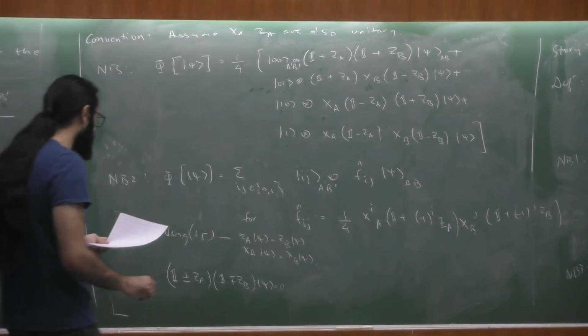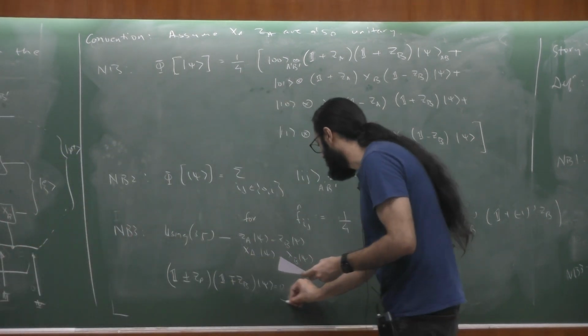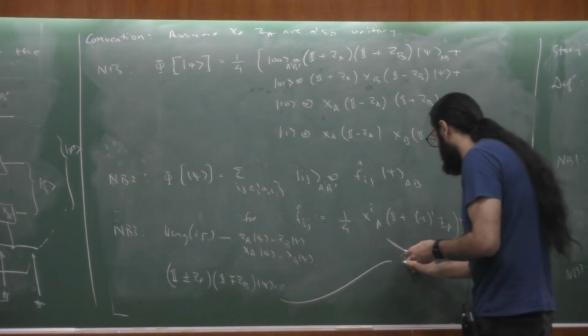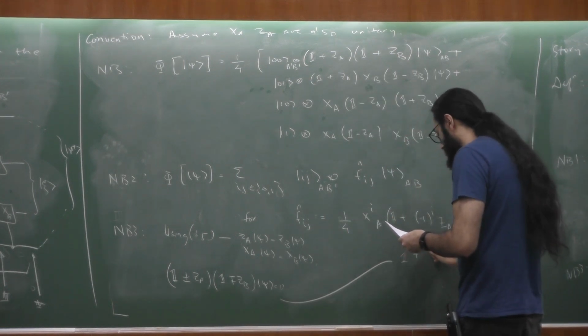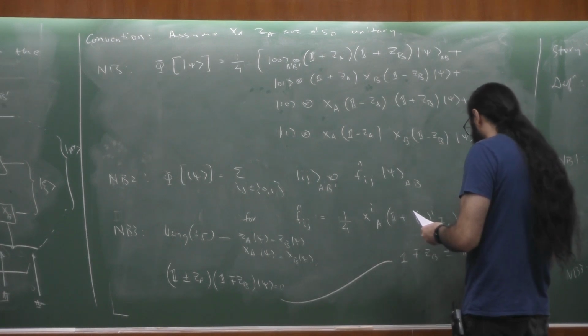So why is that? Let's expand it. The expansion would be identity minus plus Z_B plus minus Z_A plus Z_A Z_B.